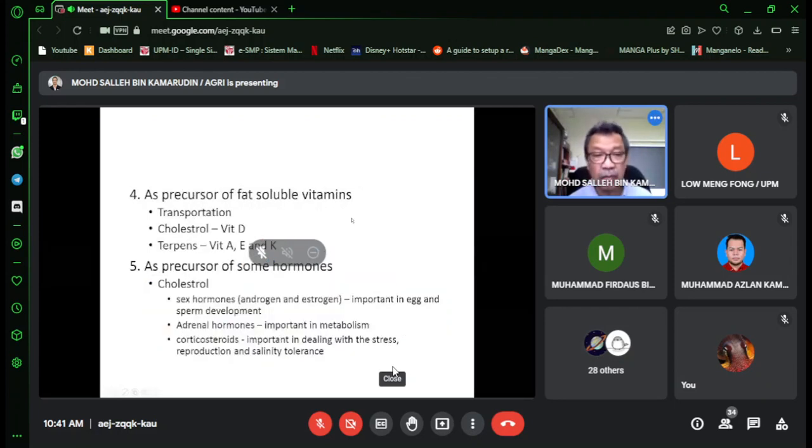As a precursor of fat-soluble vitamins, some say precursor, but in the past it was often described as transportation of fat-soluble vitamins. There are four fat-soluble vitamins. Vitamin A, D, E, K is easier to remember.